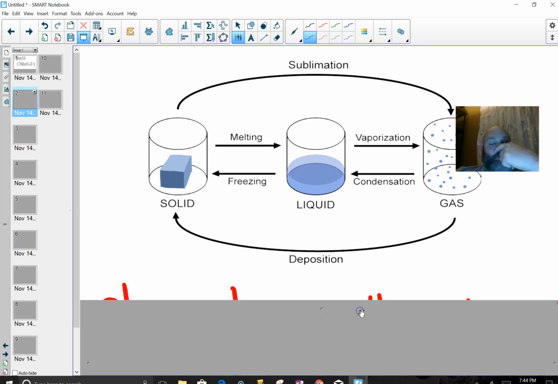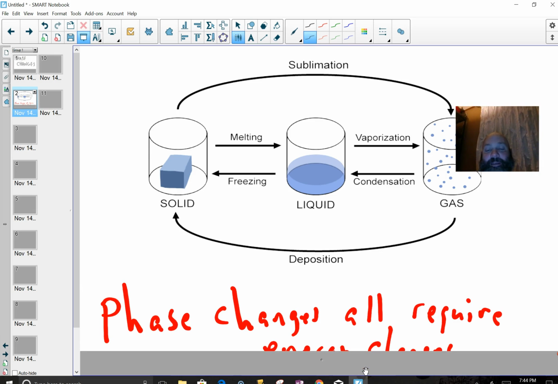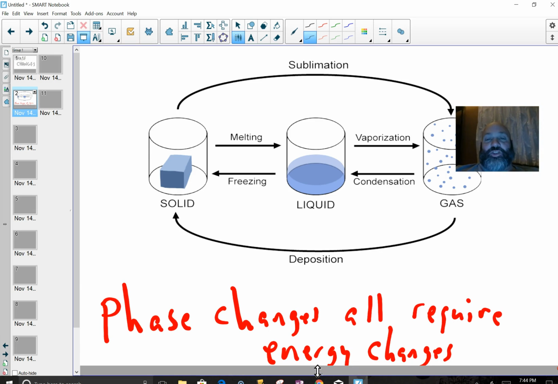Basically, the first thing we see here is a slide that's going to show all of our different phase changes that we can have. Starting off from a solid phase, well, at least the three phases we worry about as chemists, going to the liquid phase, which would be melting. Going to the gaseous phase, which would be vaporization. We'll look at a couple of different things too, because we'll also look at something called evaporation, and we'll see how that's a little bit different from vaporization.